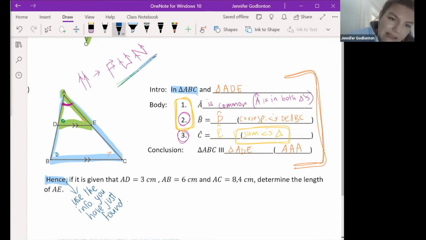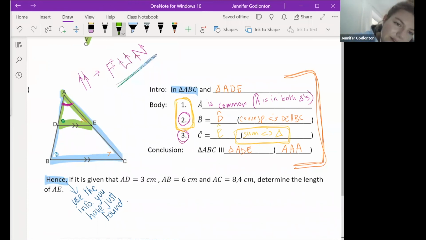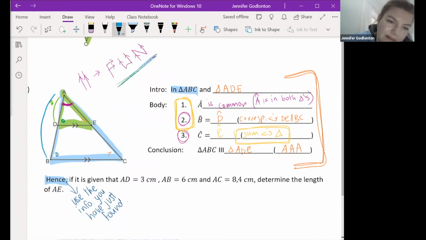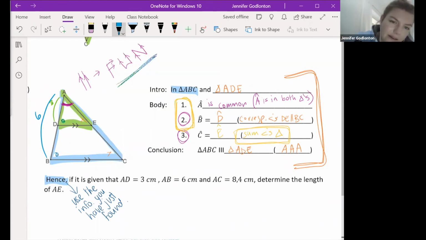They're telling us that this over here, AD, is 3. I'm going to do these in the same colors as my triangles to try and help you guys out here. So AD is 3, AB is 6, and AC is 8,4.